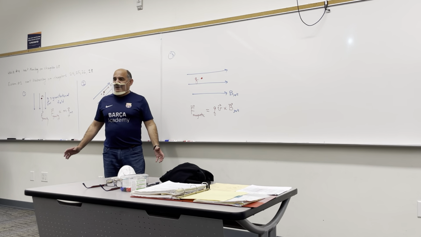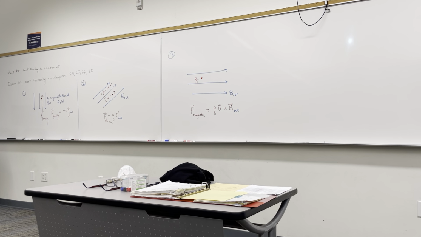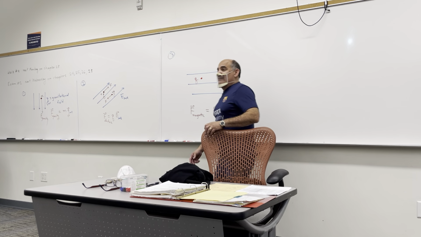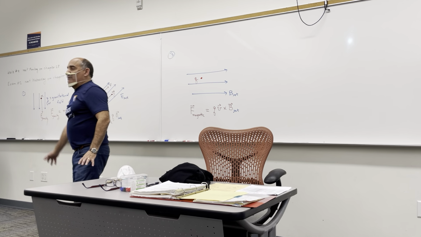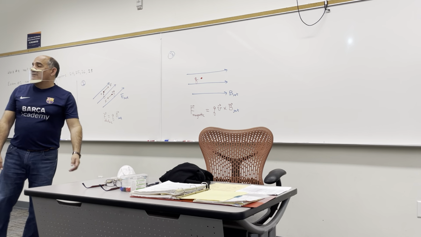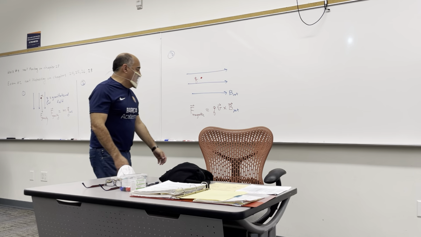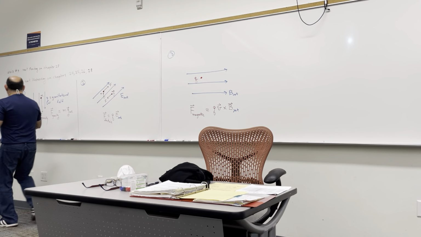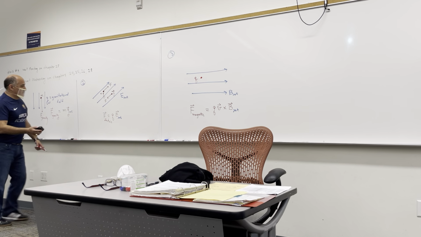I'll give you one. Or no, you talk about it. What if it's not moving? What are all the different possibilities? Let's consider all possible cases. You're right. When it's moving parallel with it, it's 0. When there's no charge, well, that means there's nothing to move.